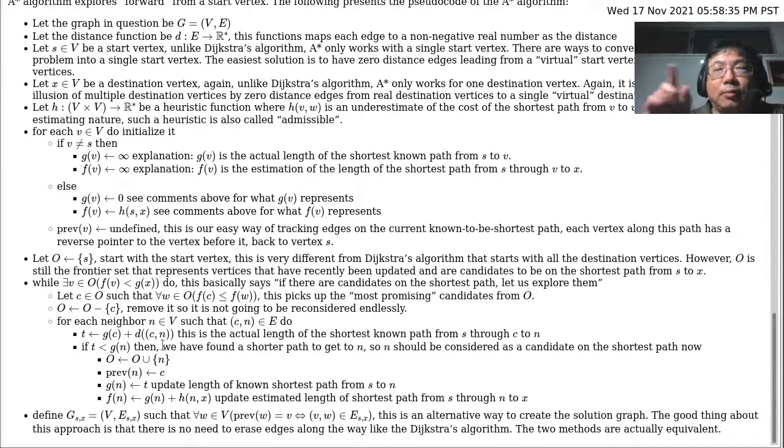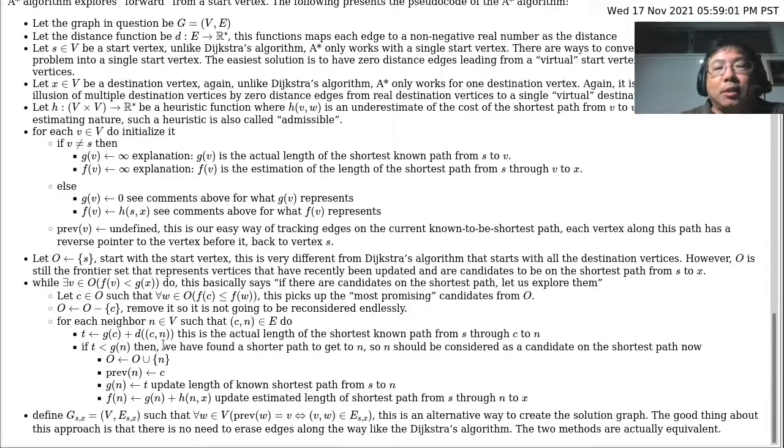So as we update the g values, we are always updating to a value smaller than what it was before. And because the f value is the g value plus the heuristic value, when the g value decreases, the f value will decrease by exactly the same amount. So you will find those values decreasing over time.